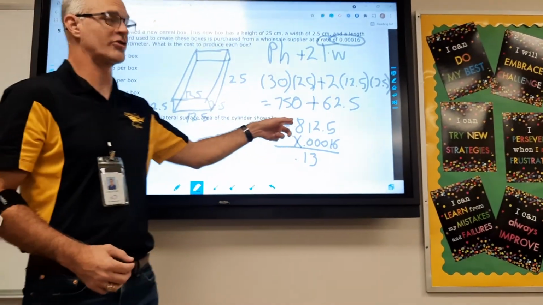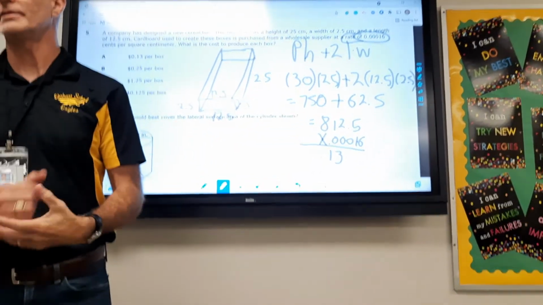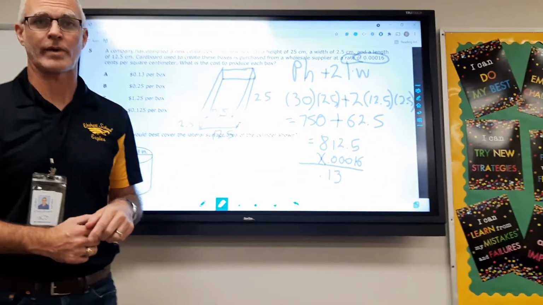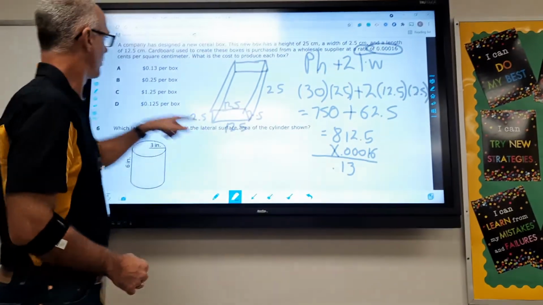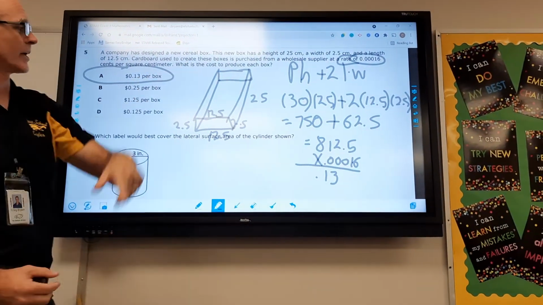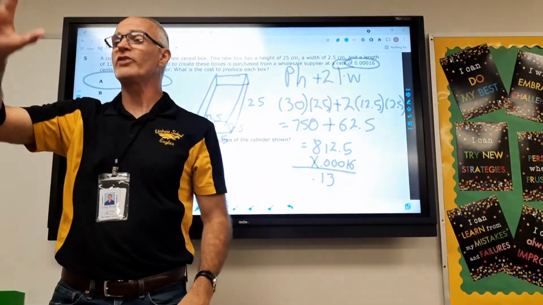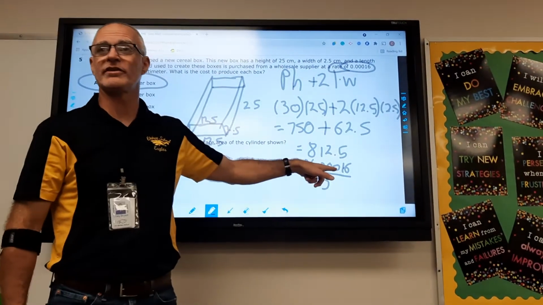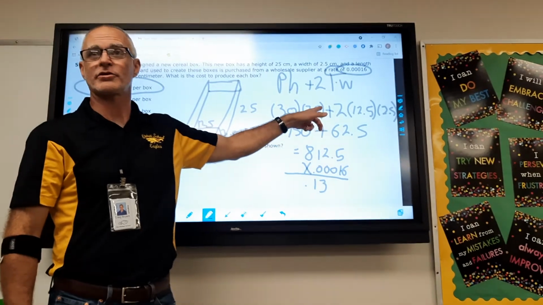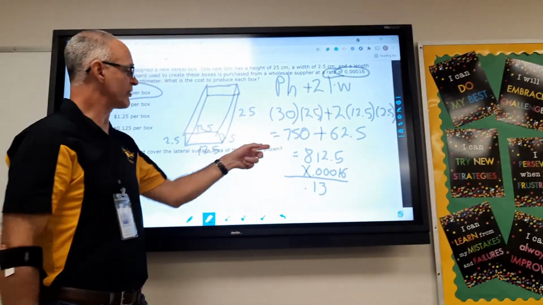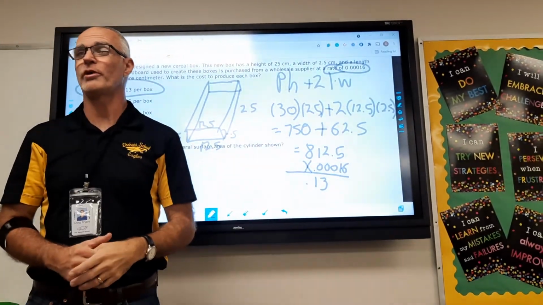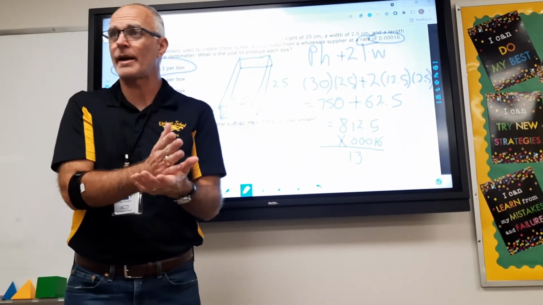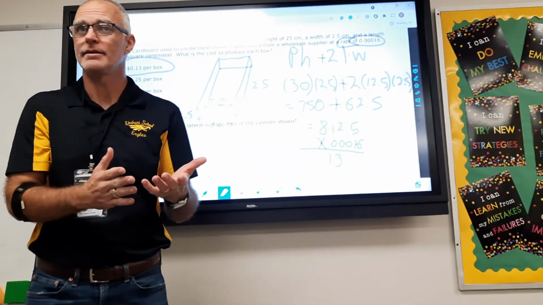If you put in the numbers correctly, you get 0.13. You have to take your time and make sure you're hitting the right number of zeros, and you get 0.13. Do we understand why we multiplied times 0.00016? Because it was a rate of that. Do we understand how we got 812.5? Each piece, one thing at a time. And then we calculated.